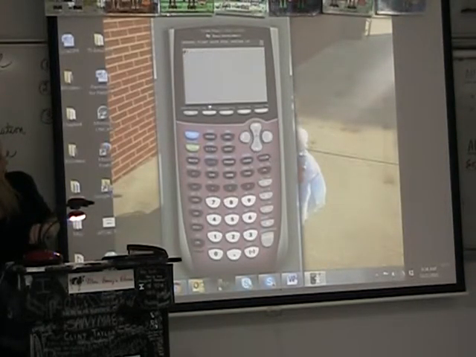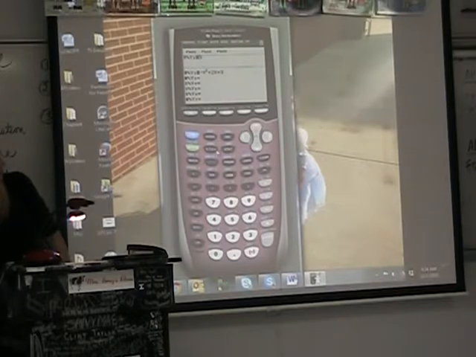I'm going to clear this out, go to y equals, and I'm going to type in 3x cubed minus x squared minus 10x into y sub 1.